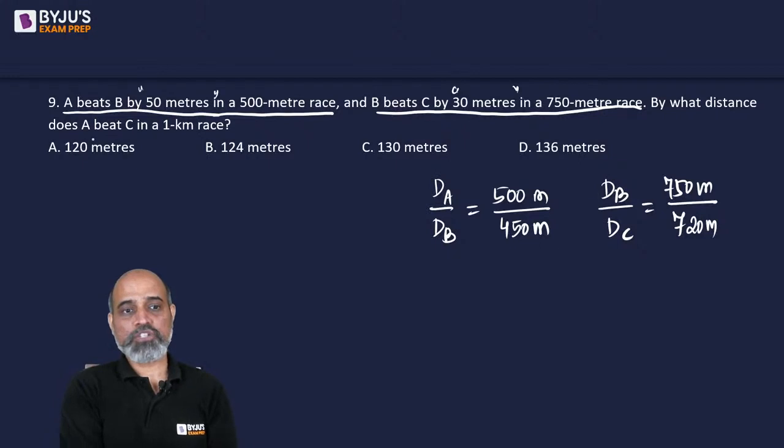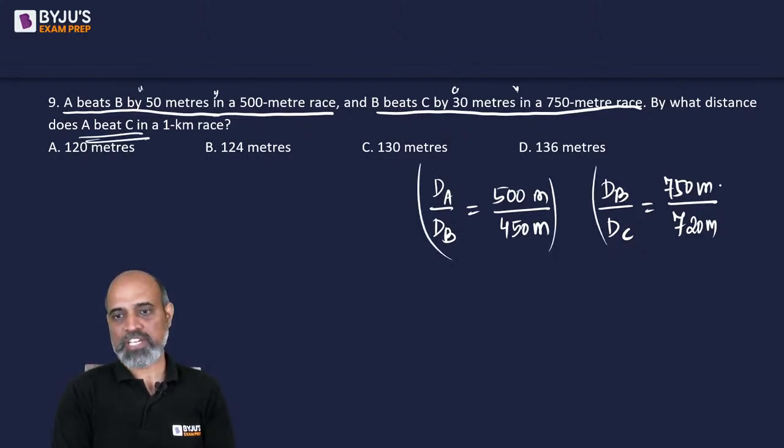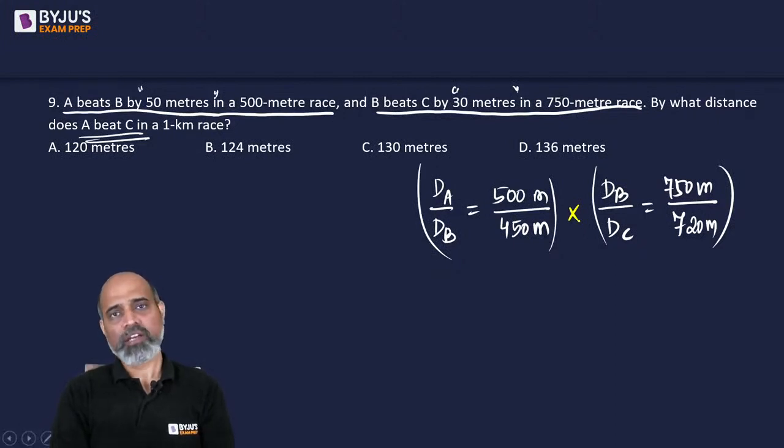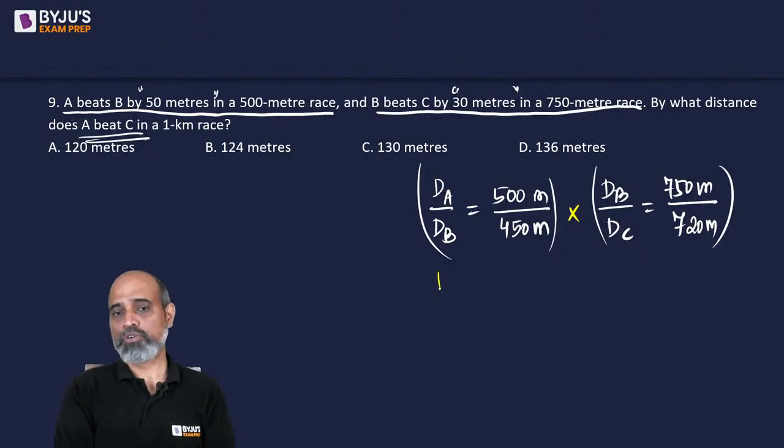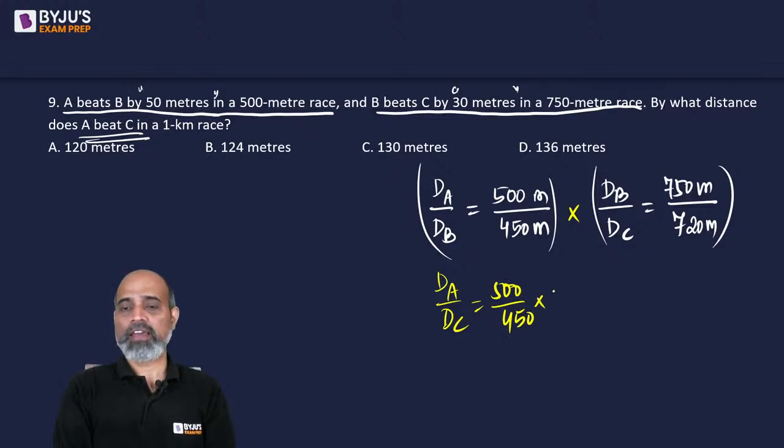Now between these two, we need to find out relation between A and C. So what calculation shall we do between these two fractions कि B गायब हो जाए? Well, the easiest or the simplest is multiply. Multiply करोगे dB from numerator and denominator, it will cancel out. So you will get dA upon dC is equal to 500 upon 450 into 750 upon 720.